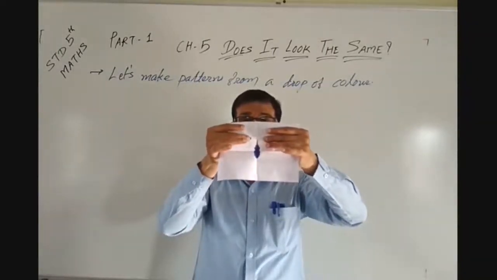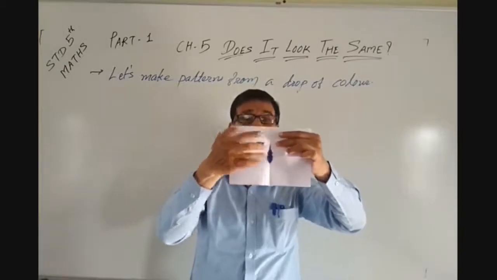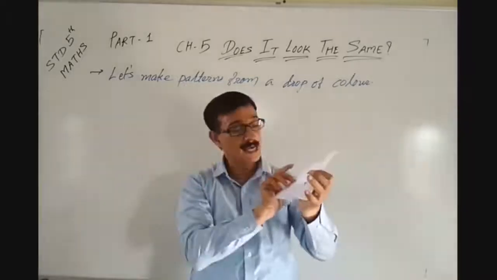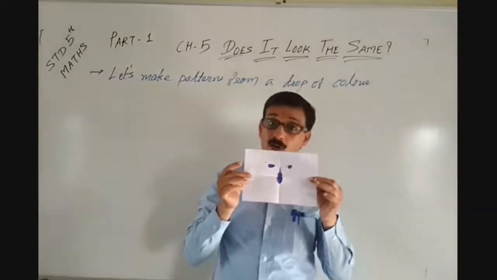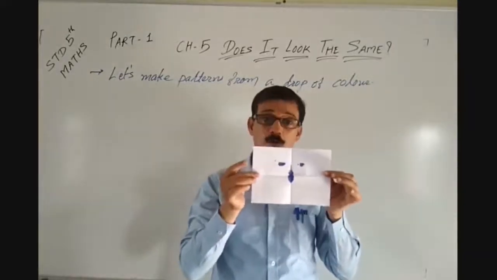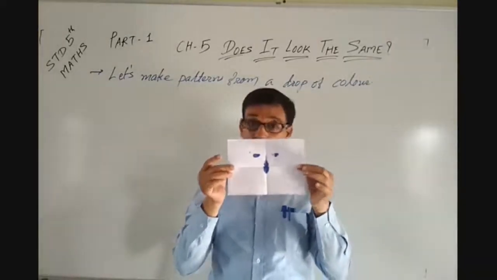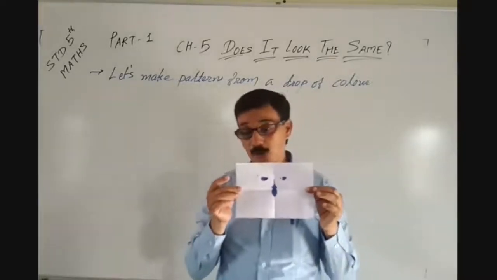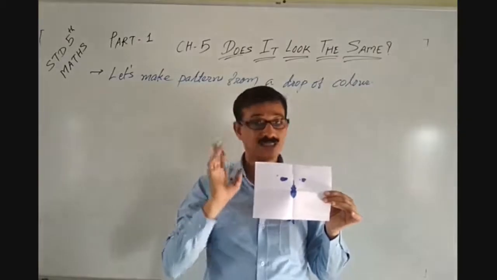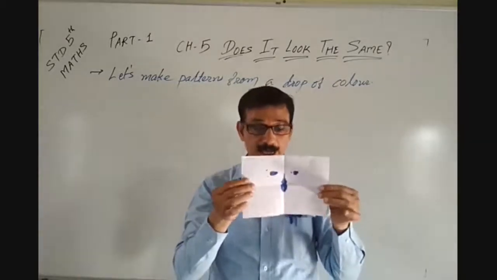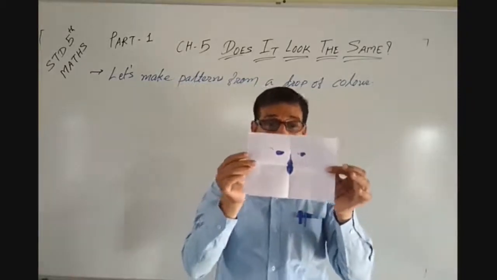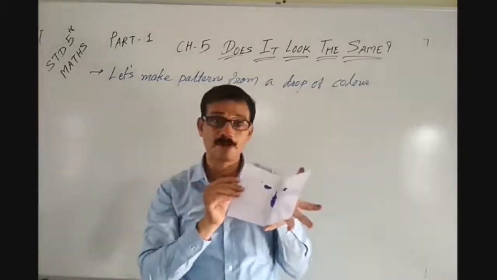Look at this one only, the middle pattern. So this way you will also be able to make this pattern at your home. Like me, you should perform this activity at least twice or thrice, so that you will be able to prepare such patterns on your paper.